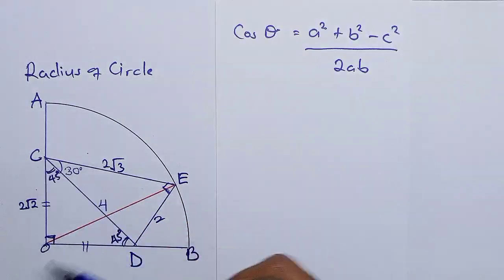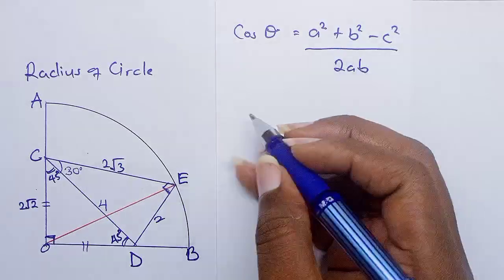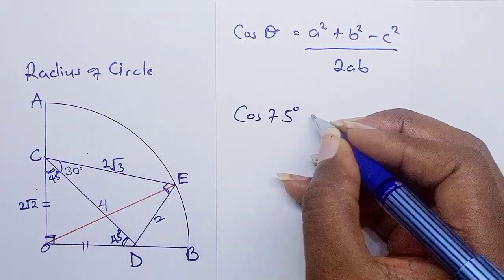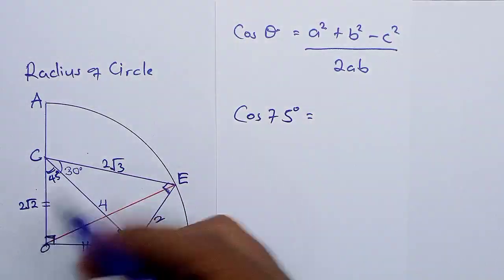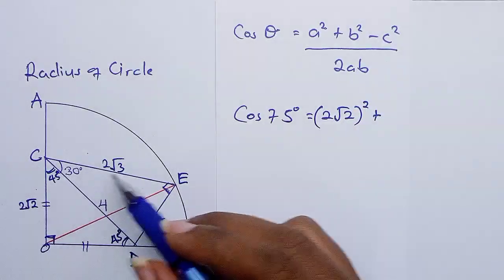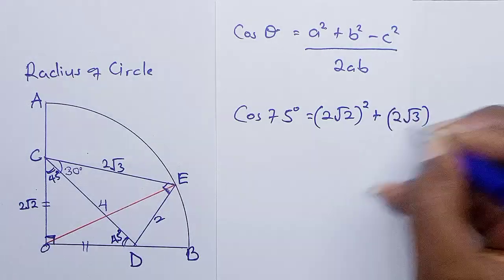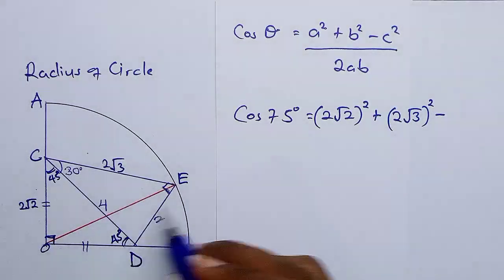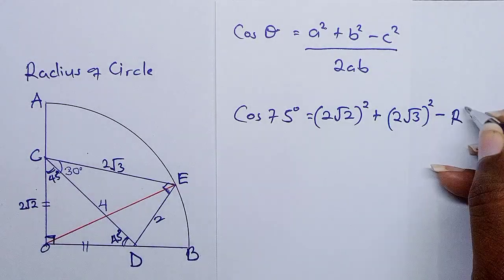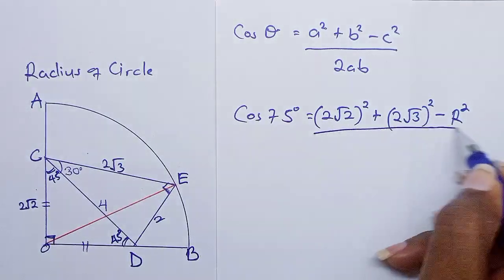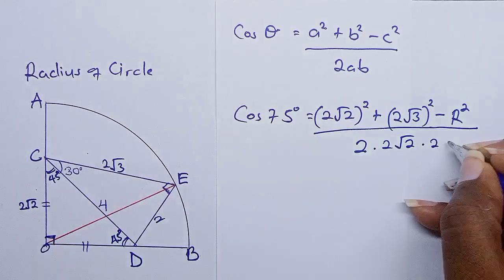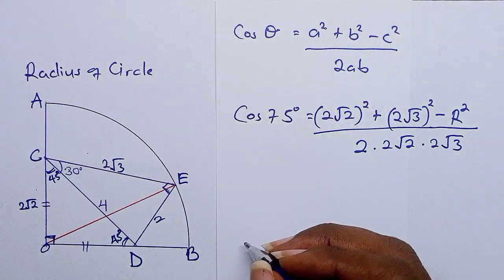Therefore, going back to our triangle COE, using this, that implies that cos of 75 degrees will be equal to, our A is 2 root 2, so 2 root 2 squared plus our B is 2 root 3, 2 root 3 squared minus C, which is the radius, which we've called R, so R squared over 2 times A, which is 2 root 2, times B, which is 2 root 3.